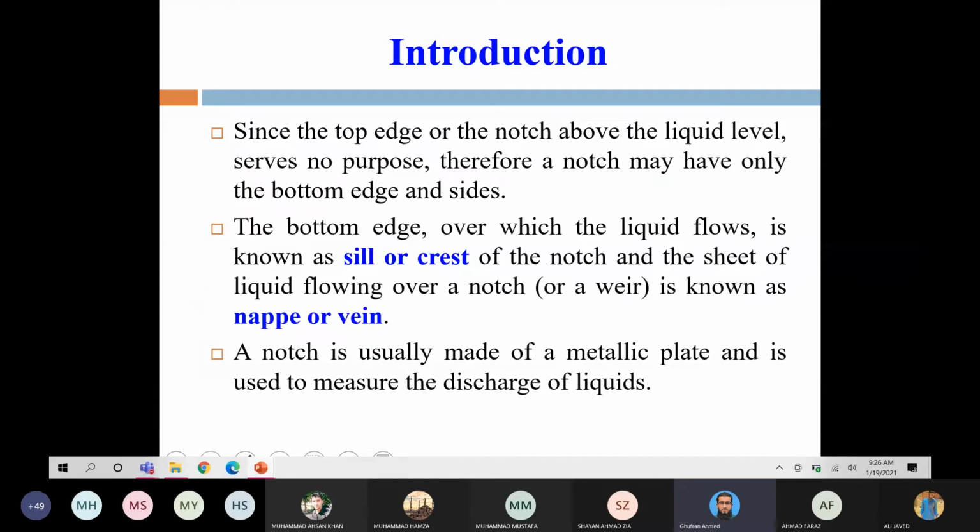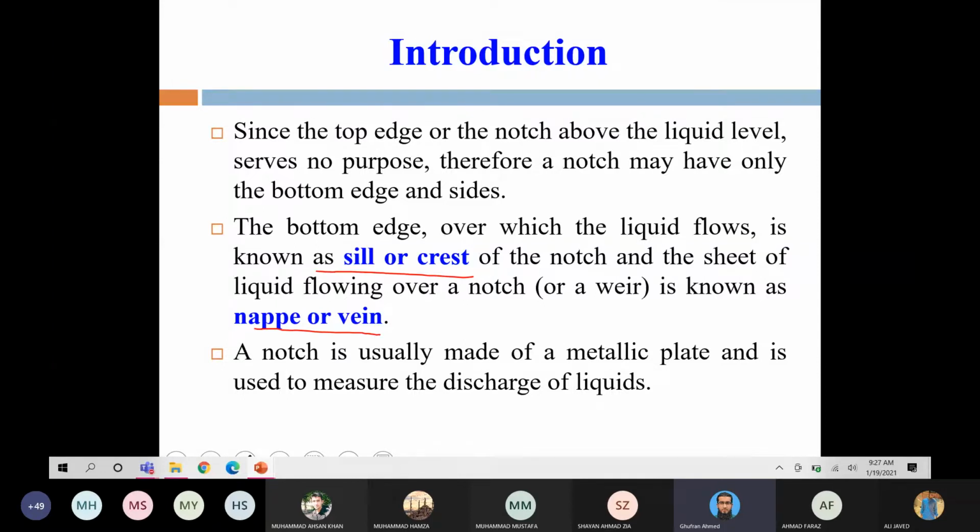The top edge of the notch above the liquid level serves no purpose. Therefore, a notch may have only the bottom sides and edge. The bottom edge over which the liquid flows is known as the sill or crest of the notch, and the sheet of liquid flowing over the notch or a weir is known as the nappe or vein.